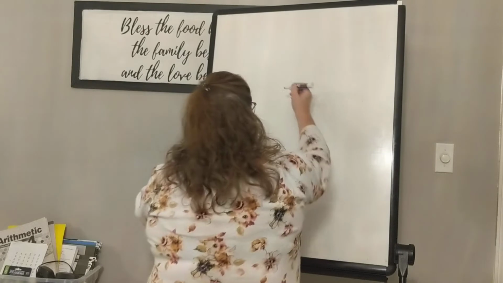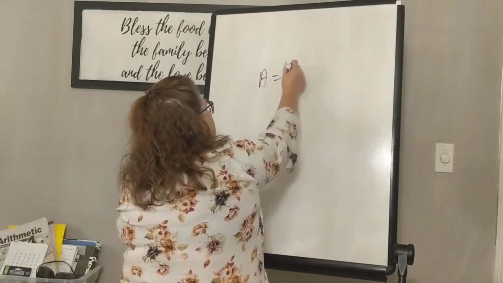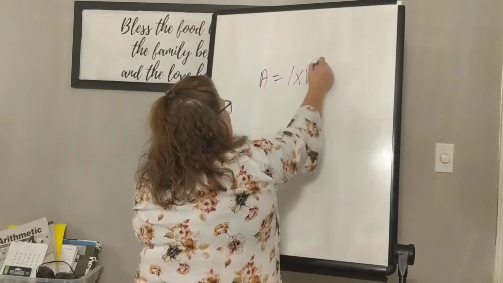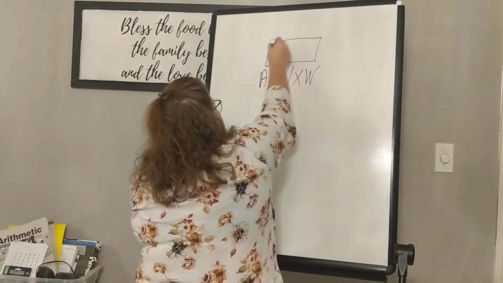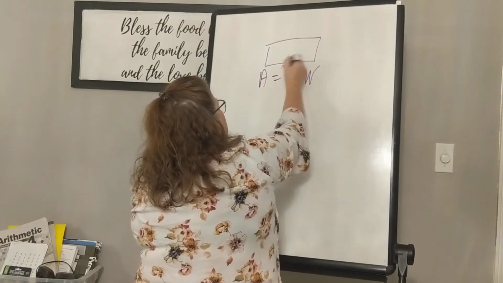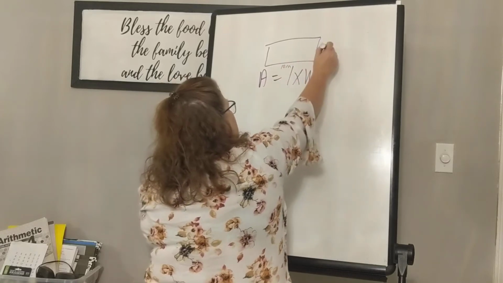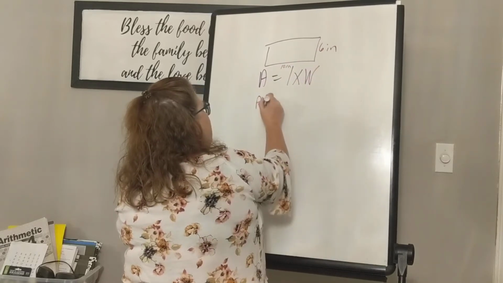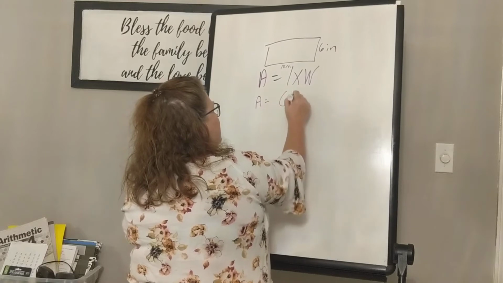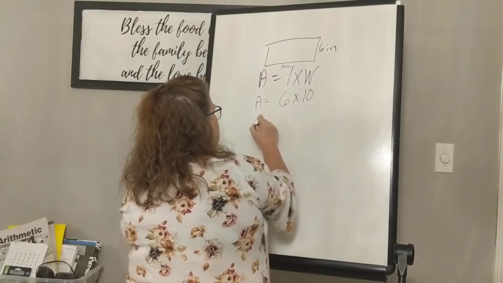Okay? So let's look at section 1. Well, I'm sorry, go back over to the other side of the box real quick at the top. So to find the area of a rectangle, our formula is length times width. Okay, so if you have 10 across here and 6 up here, and it's inches, then your area equals 6 times 10.